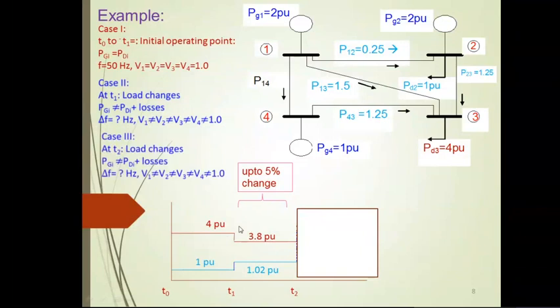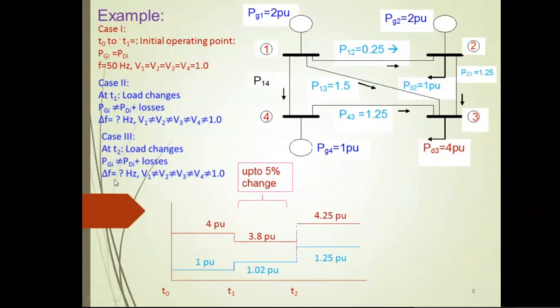Now, if I take another case, at another instant of time the load changes. Considering the initial operating point of 3.8 per unit, the load changes to 4.25, and in the same way for bus number 2, the load changes to 1.25. From the initial operating point, these are the changes, and then you have your generation here, right?